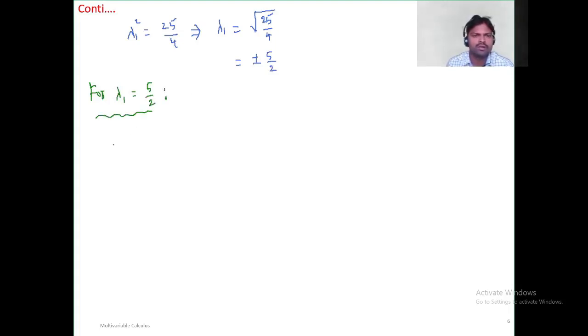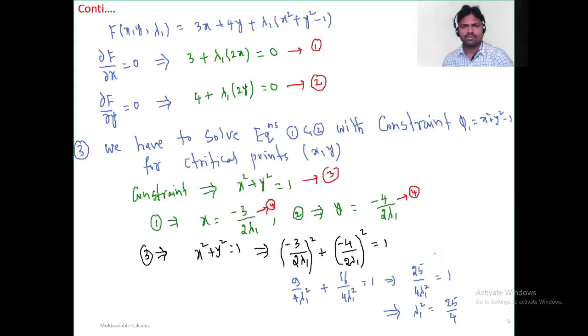Now from equation number 1 implies, so equation number 4 and 5, this is 5.